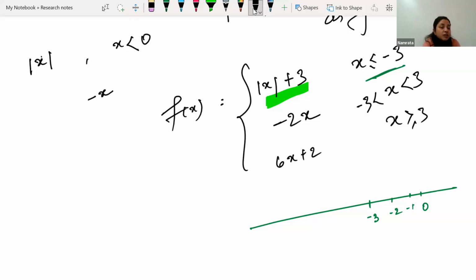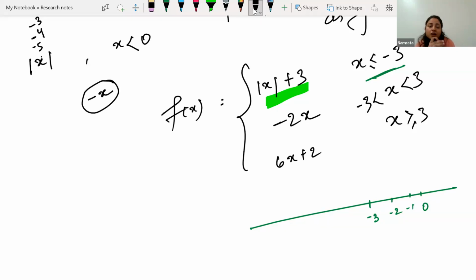When x is smaller than 0, there is a negative number inside it, and automatically the function will give one more minus sign to make it positive. As you have always been told from class 8, class 9, modulus will always give a positive value.